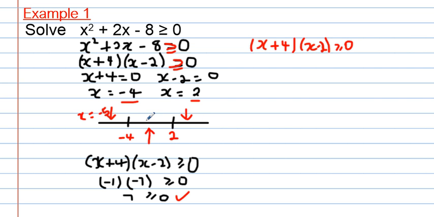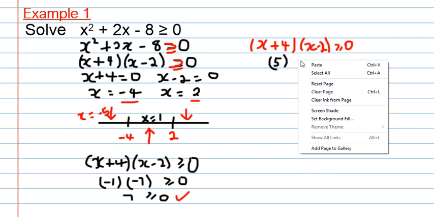If I choose a number in this region, let's say x equals 1, and I substitute 1 into here, I'm going to have 1 plus 4 is 5, and then 1 minus 2 is minus 1.